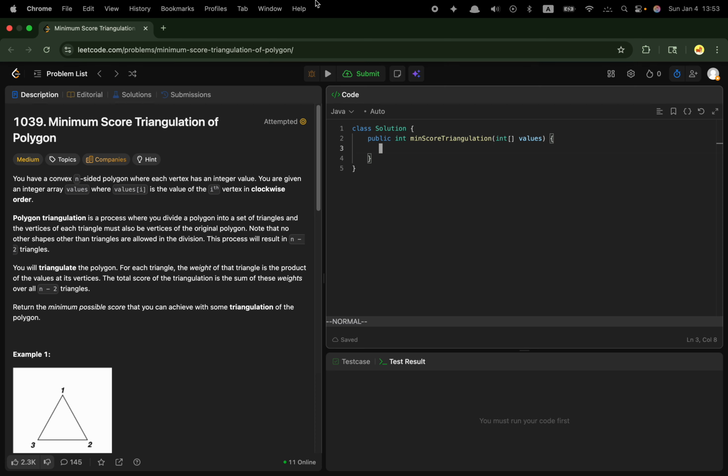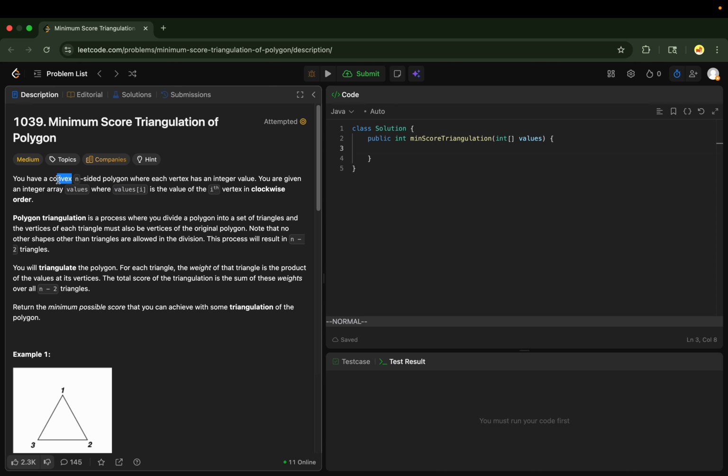And talk about 1039, minimum score triangulation of polygon. The question is, you have a convex polygon where each vertex has an integer value.